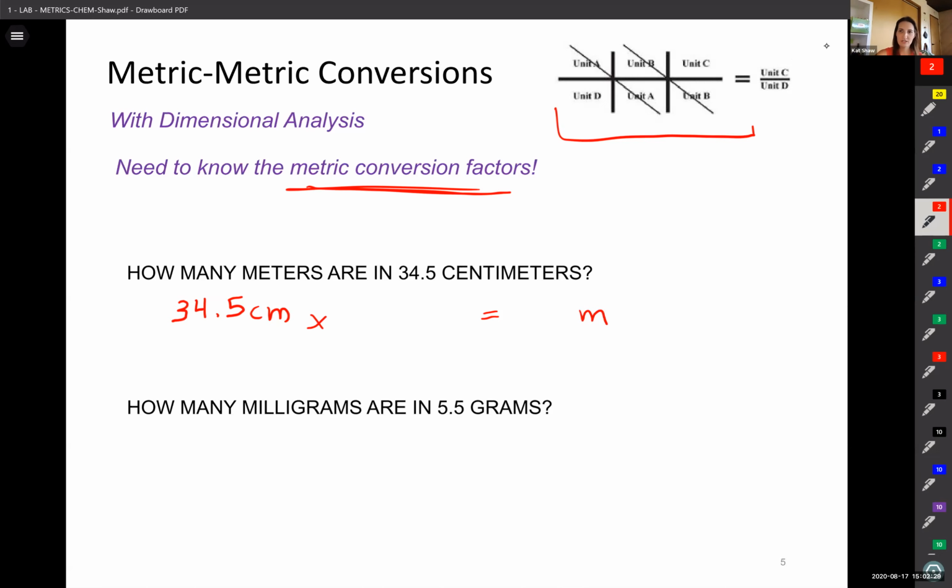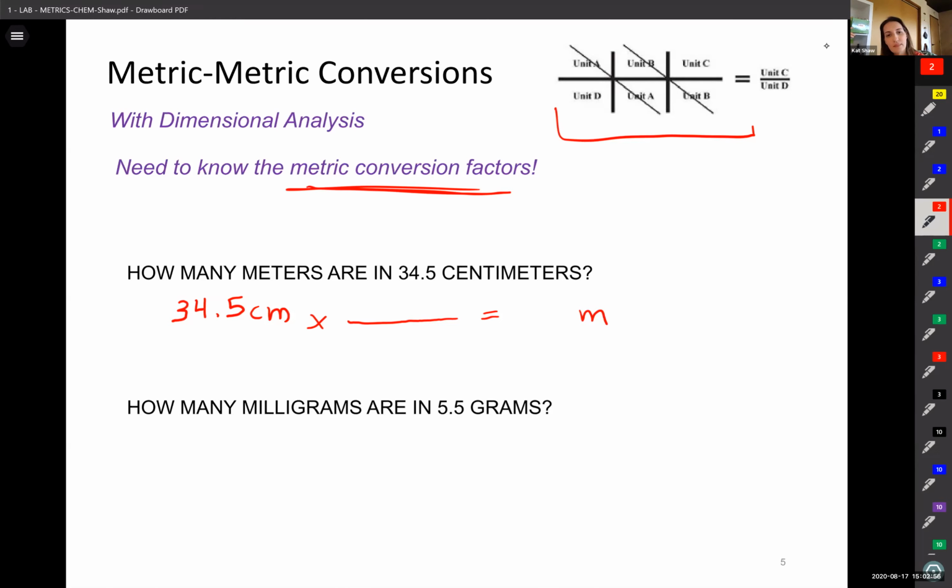What conversion factor would I use there? One meter is how many centimeters? 100. 100 centimeters, okay. So I know that 1 meter is 100 centimeters. In order to cancel out centimeters, so that I'm left with meters, do I put my 100 centimeters on the top or on the bottom? Bottom.